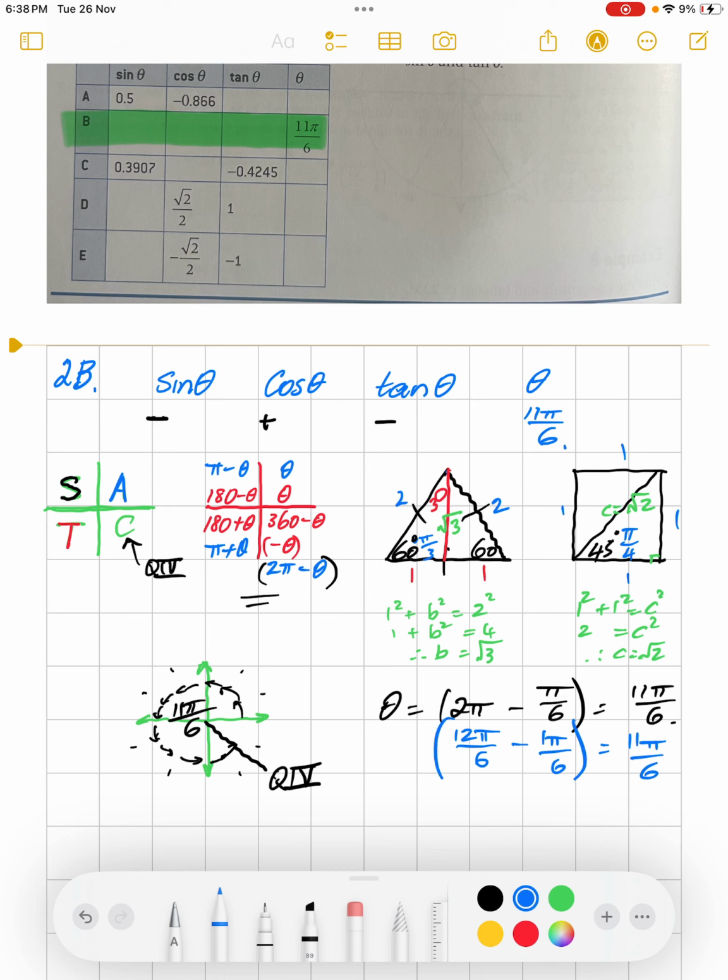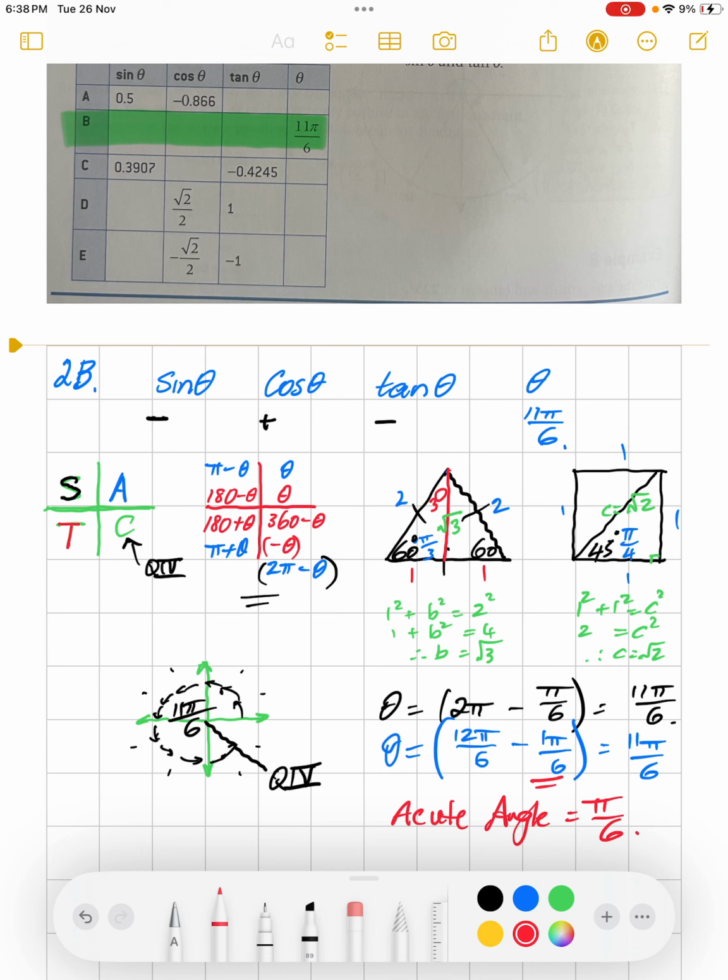So by putting it into this format, we can see that the acute angle is pi over 6. Therefore, sine of 11 pi over 6 is negative sine of pi over 6.